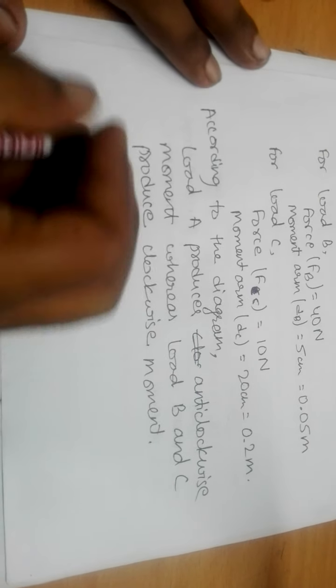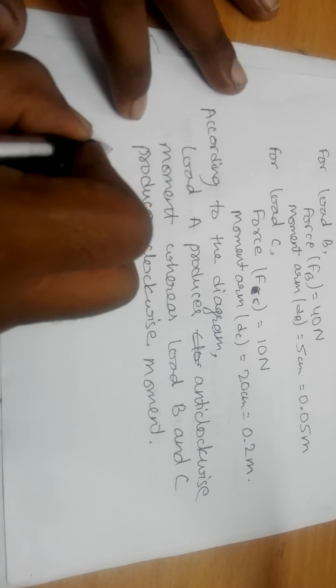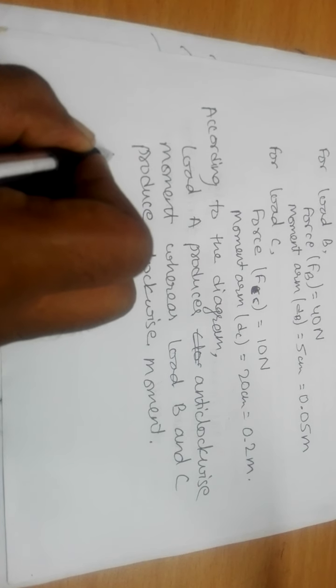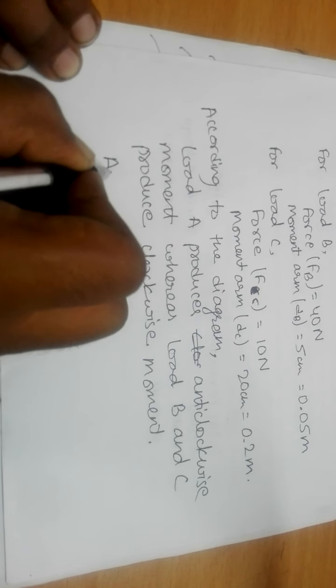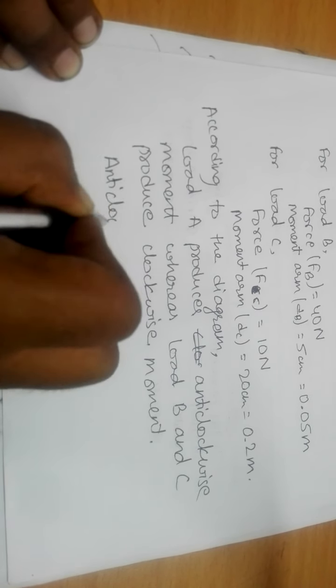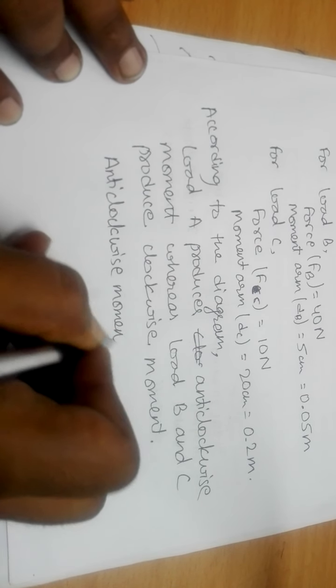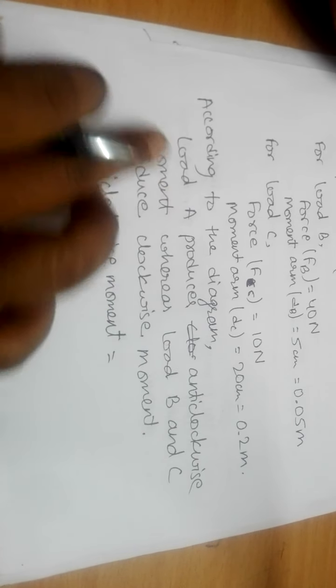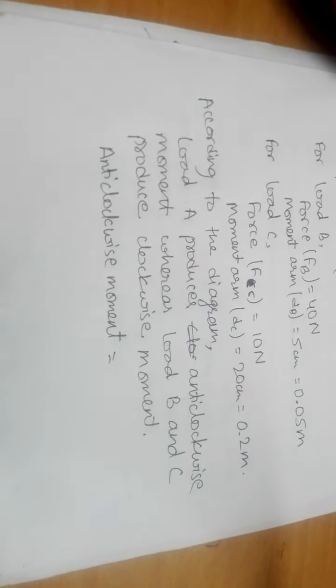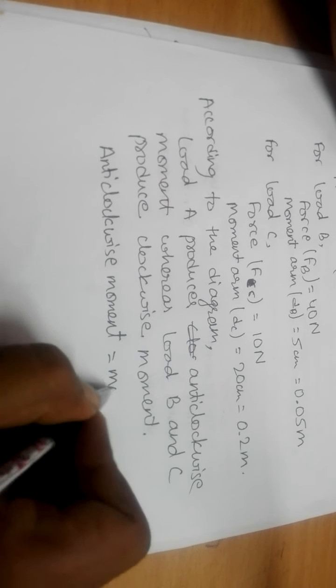Now calculate this clockwise and anti-clockwise moment separately. Then anti-clockwise moment is equal to the moment produced by A. Yes, load A produces anti-clockwise moment, meaning the moment produced by A.